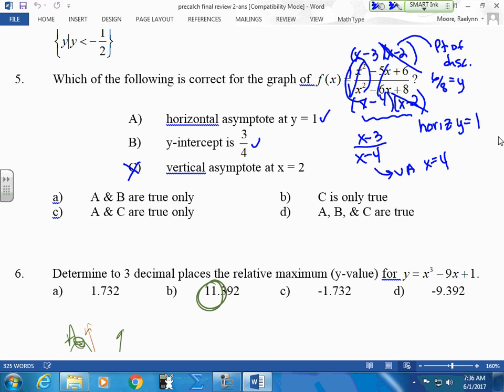The horizontal one, if you look at your formula sheet on the second page or so, there's 3 things to find a horizontal asymptote. It has to do with the highest exponent. So if the highest exponent is the same in the numerator and the denominator, you take their coefficients and you make a ratio. And it's a y equals.